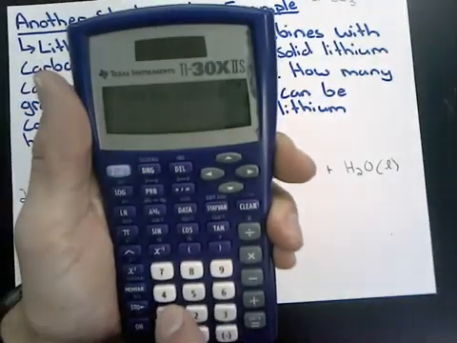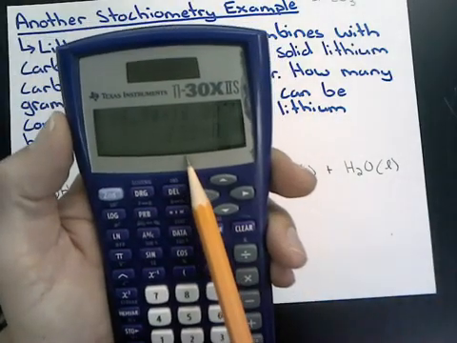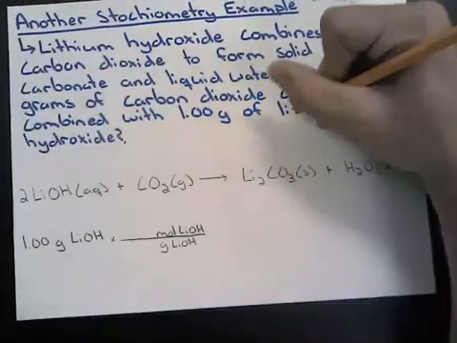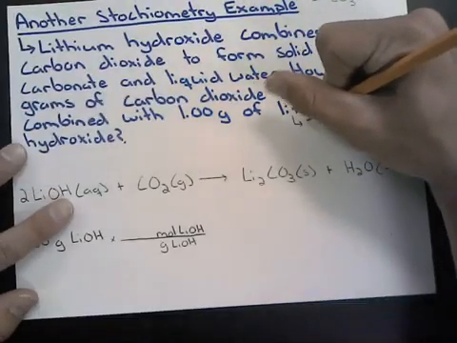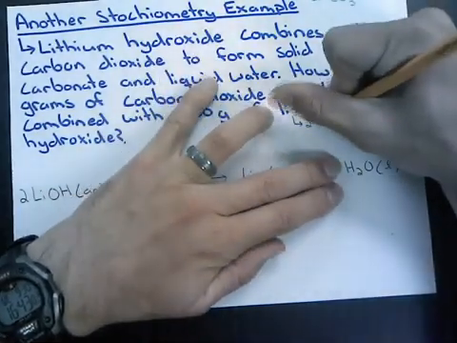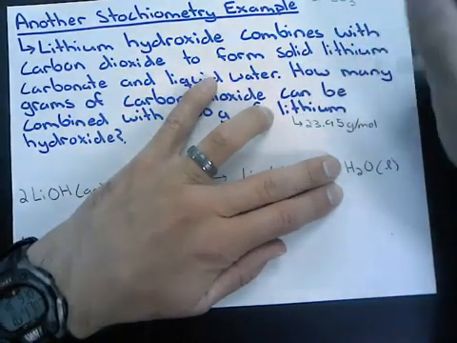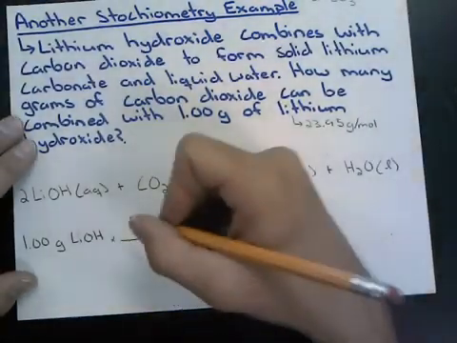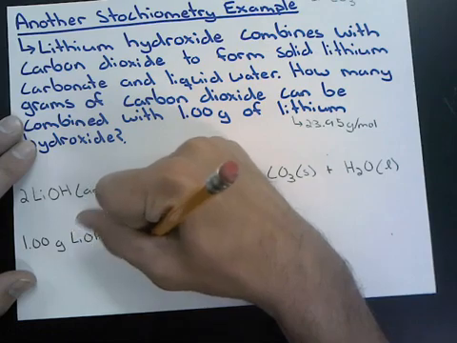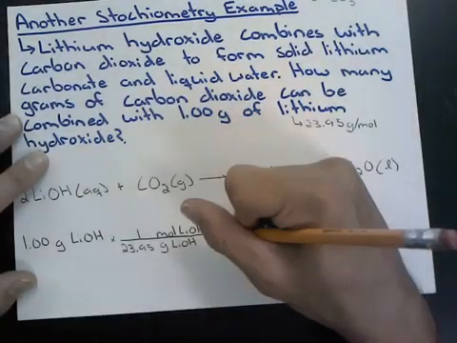So I pull that into my calculator and press enter. The value here for the molar mass is 23.95. So, as a side note, lithium hydroxide is 23.95 grams per mole. That means the 23.95 goes on bottom, 1 mole goes on top.